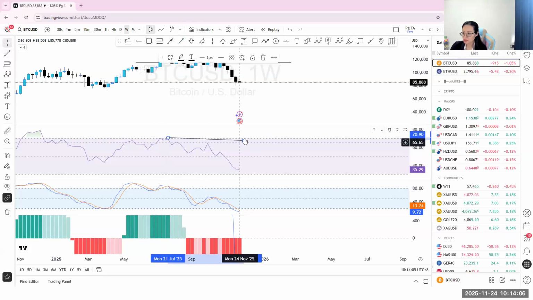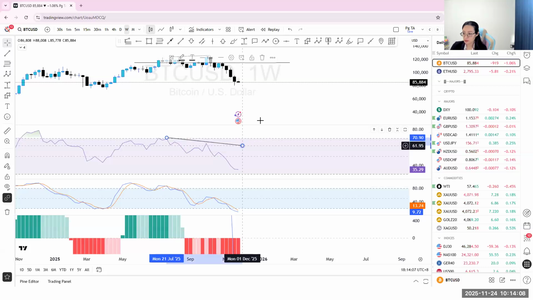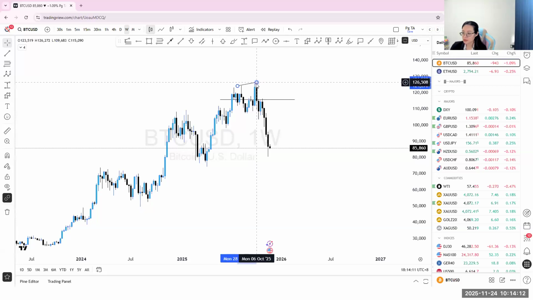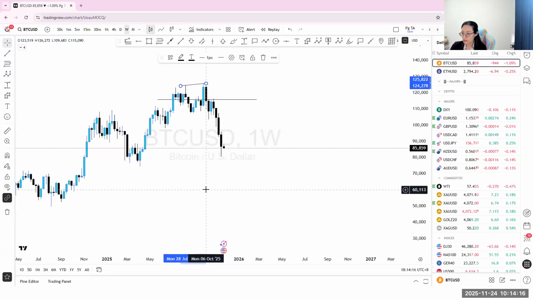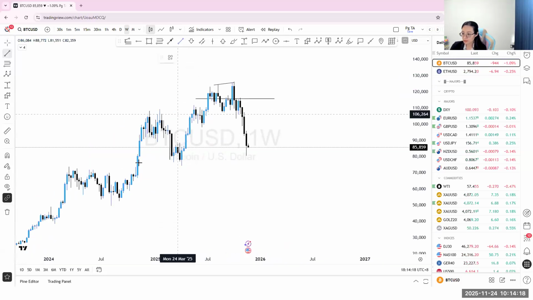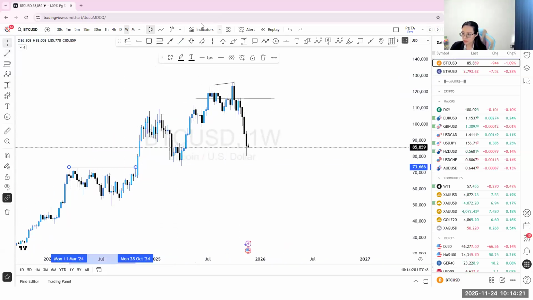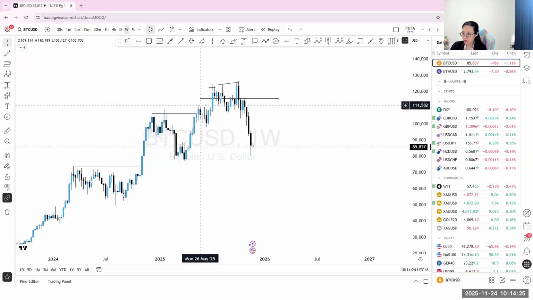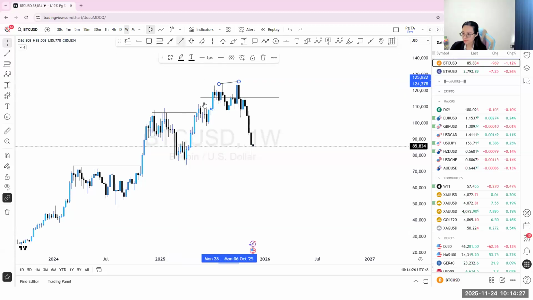So whenever you see the divergence in the higher time frame, I tell you, you can hold your sell entry. Where is the divergence here? You can see price falling here on the weekly time frame. Before that, this BOS, break of structure, and here also a break of structure.